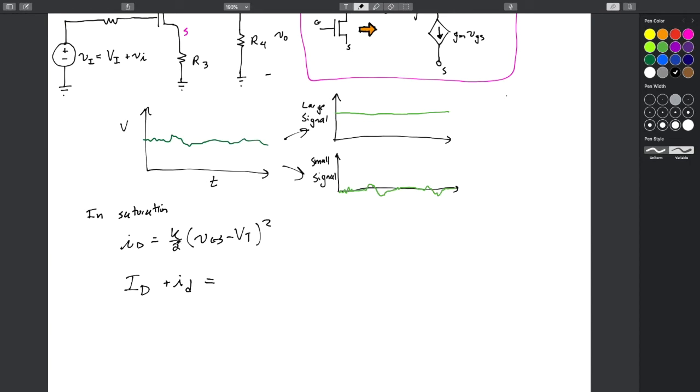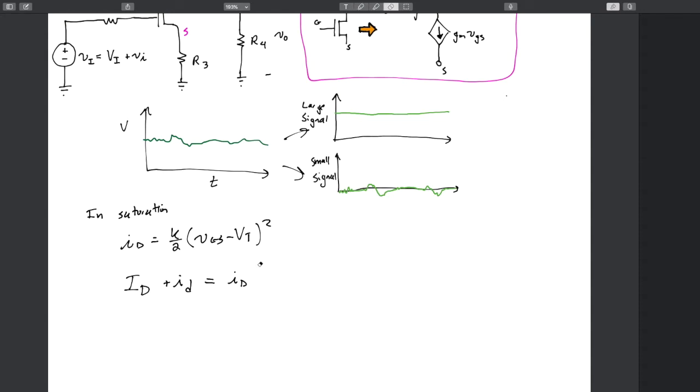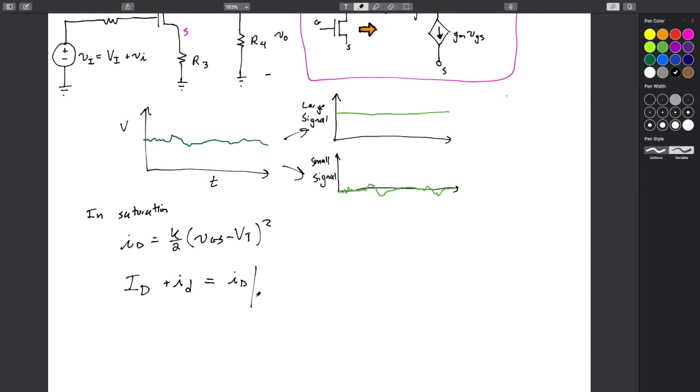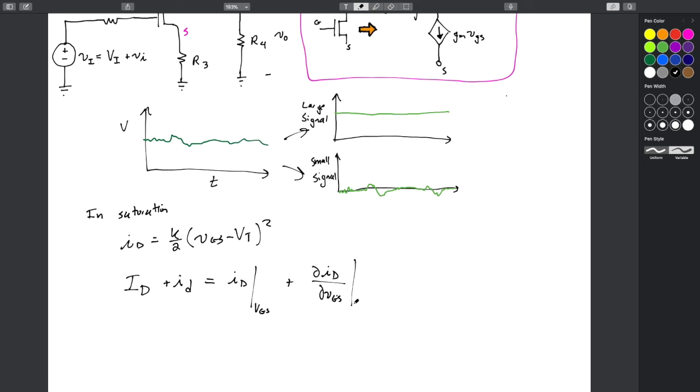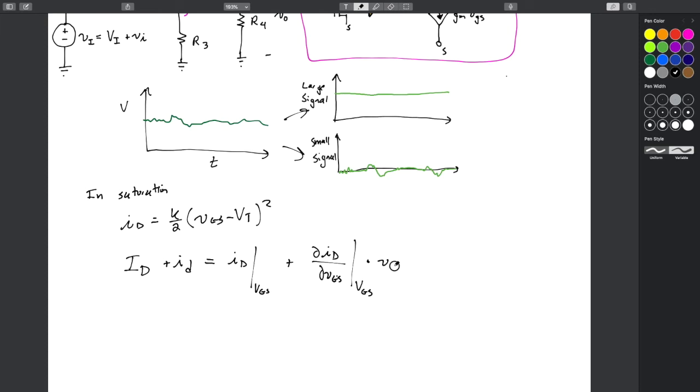And then that's really broken down into the following expression. We'll do ID evaluated at, I'll draw a pipeline here, evaluated at the large signal input, so maybe at VGS in this case, plus the derivative of ID total signal with respect to the input, also evaluated at our large signal input, times the small signal voltage.